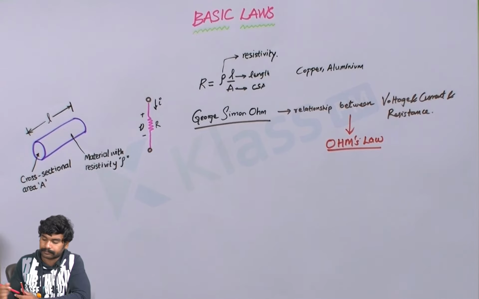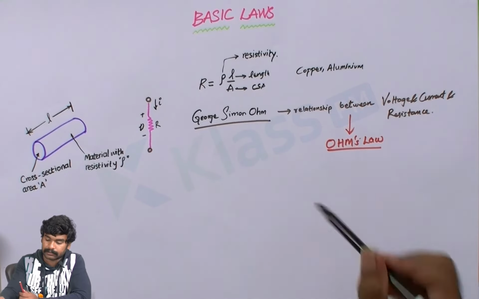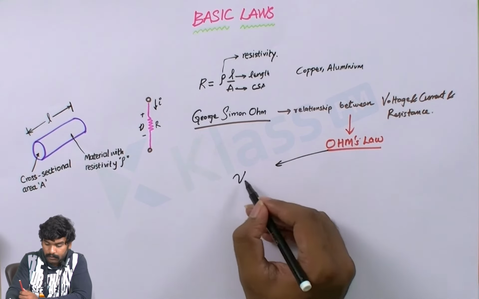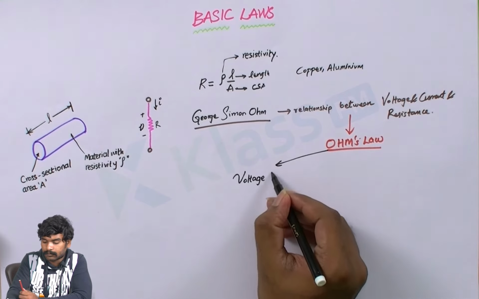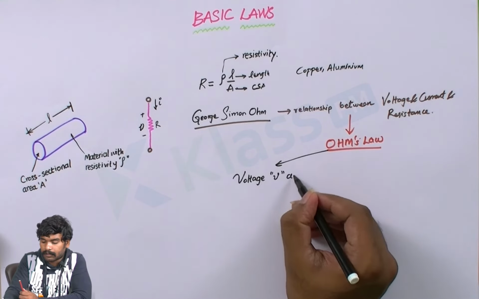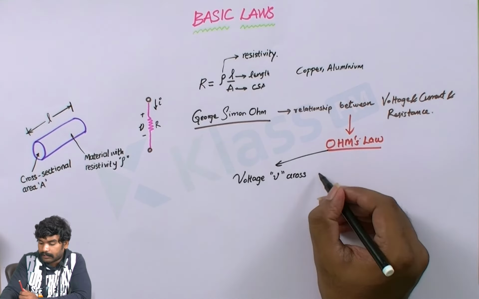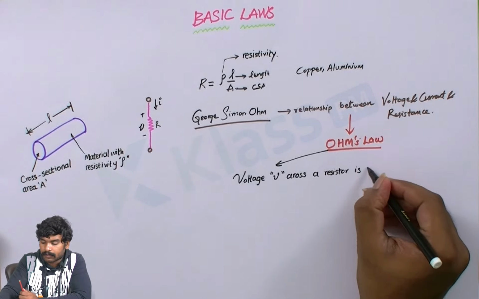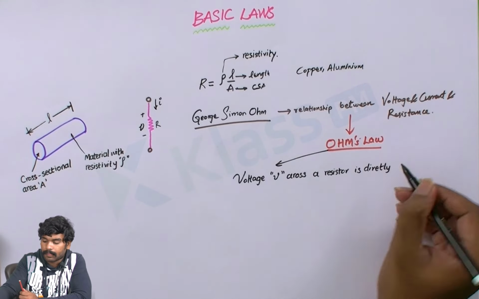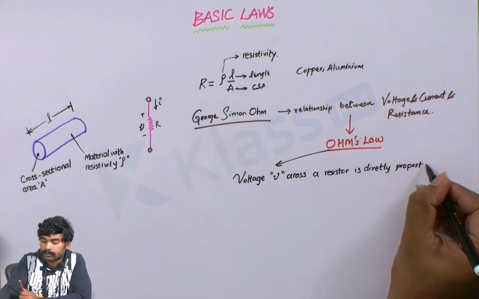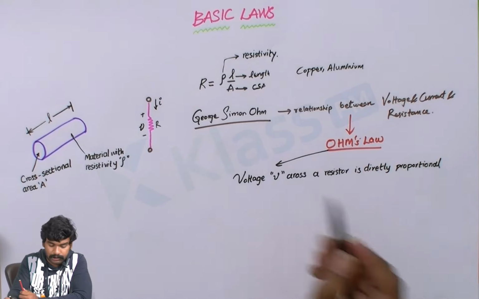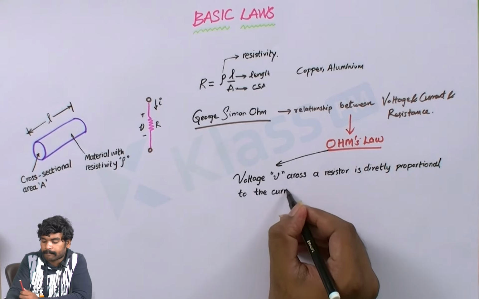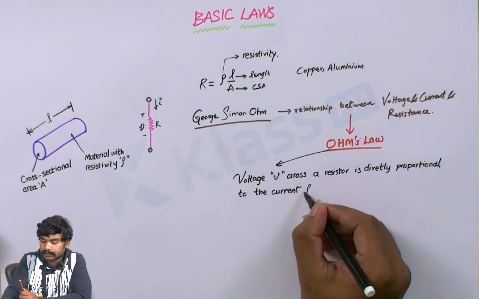Ohm's Law states that the voltage V across a resistor is directly proportional to the current flowing through the resistor.